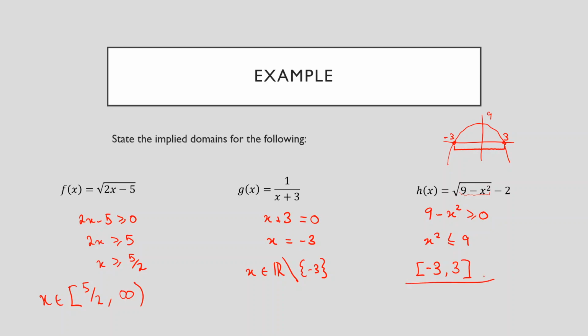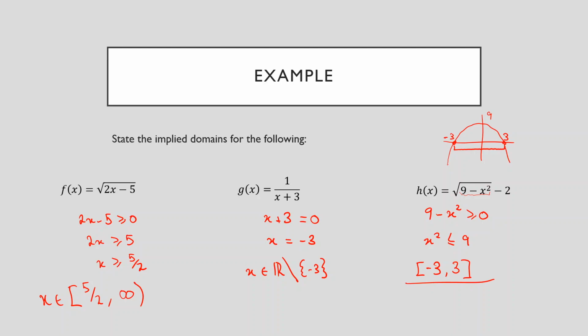In fact, this here is the equation for a circle that has a center, I believe, of 0, negative 2, and a radius of 3. Or rather the top half of a circle.